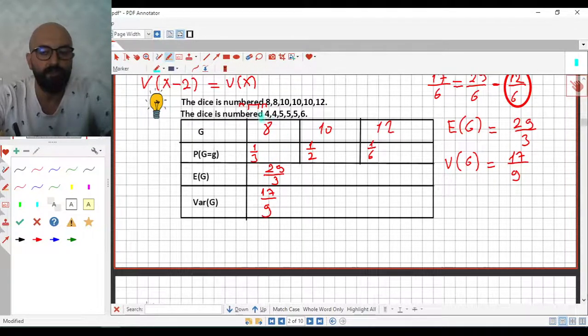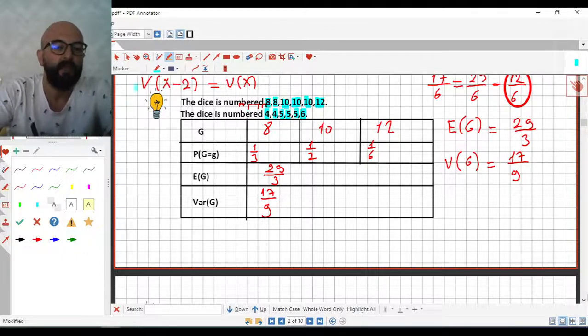In the fourth example, all values are the first values times 2. 8 means 4 times 2, 10 means 5 times 2, and 12 means 6 times 2.